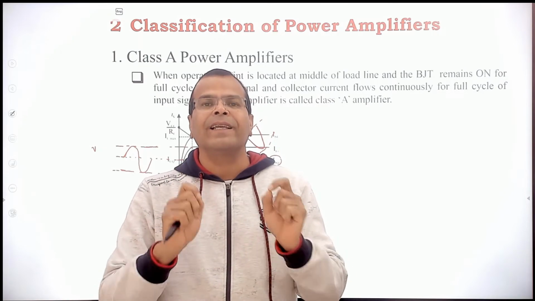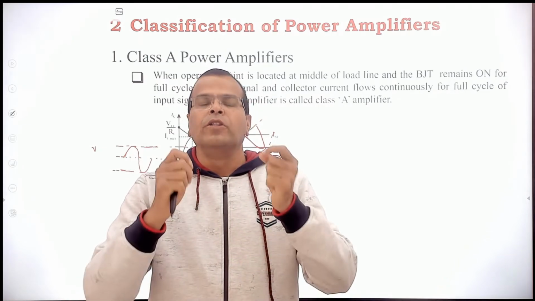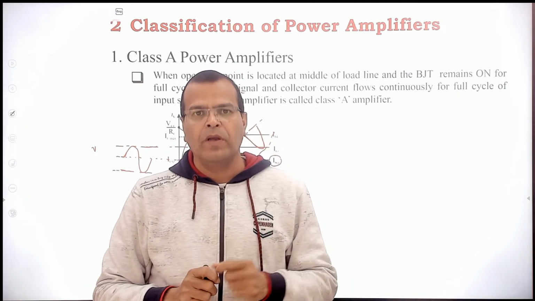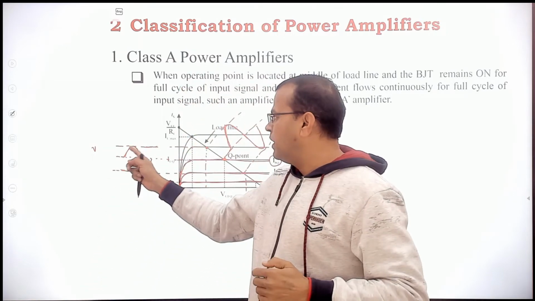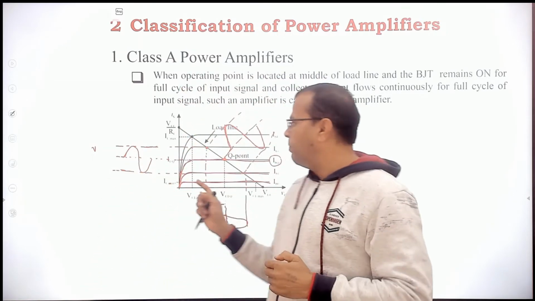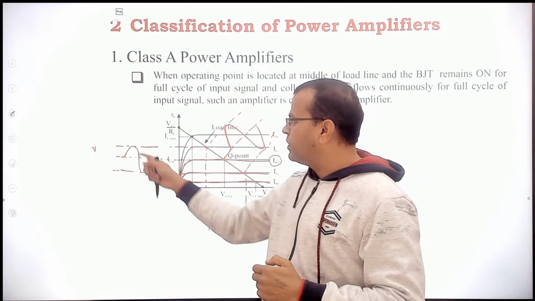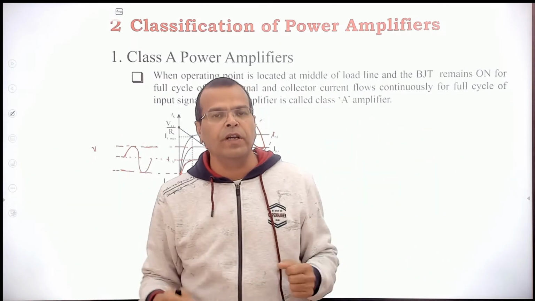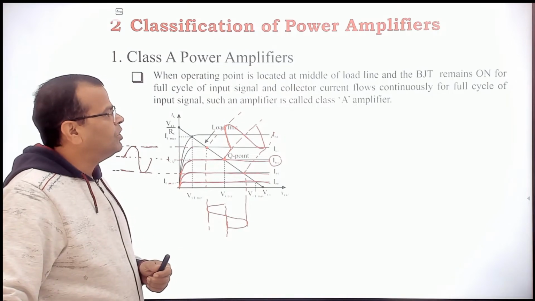Therefore, the class A amplifier is a linear amplifier. The operating point is located at the mid of the load line. The collector current is an amplified version of the base current for the full cycle of the input current.